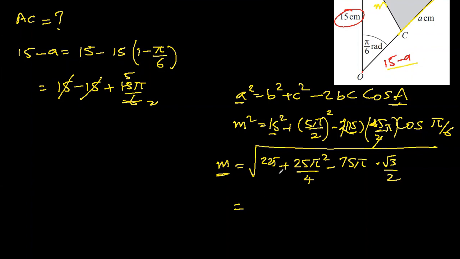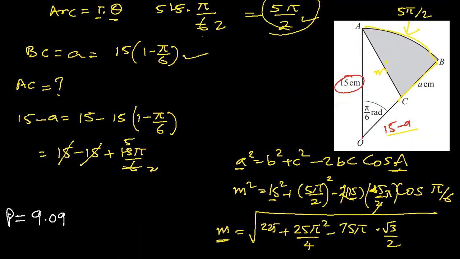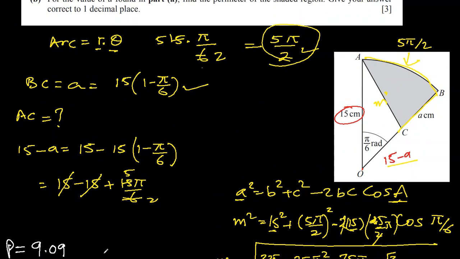Okay, when I used my calculator, I got 9.09 to 3 significant figures. So now, finally, what is the perimeter? The perimeter will be 9.09 we just got, which was AC. Before that, we got the arc, which was 5 pi over 2.